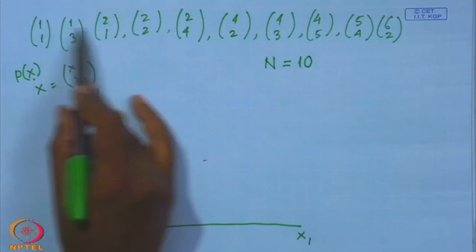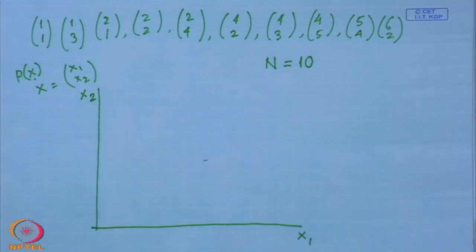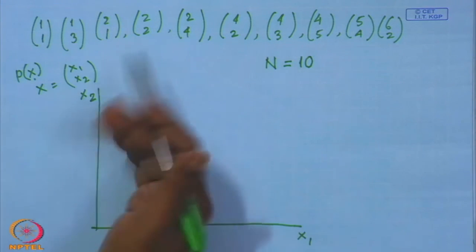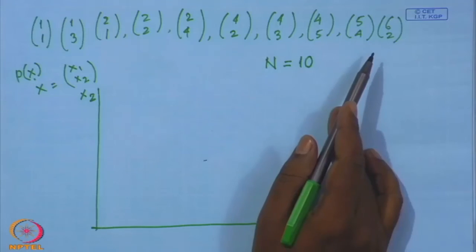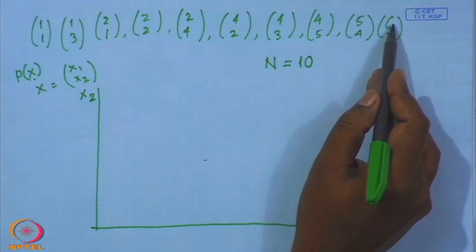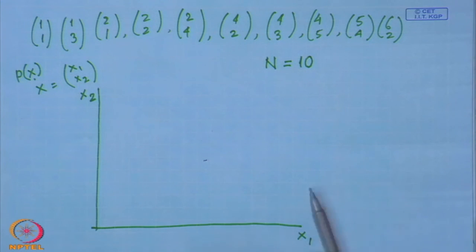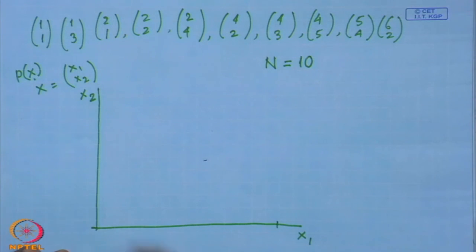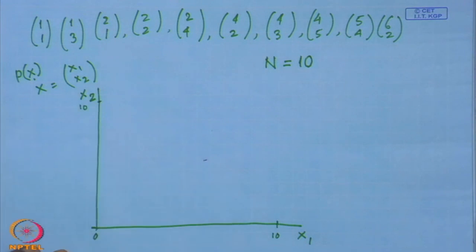If you find out the values of x1 and x2, you can easily say that the range of x1 is between 0 and 10, and the range of x2 is also between 0 and 10, because I do not have any component greater than 10 or less than 0.